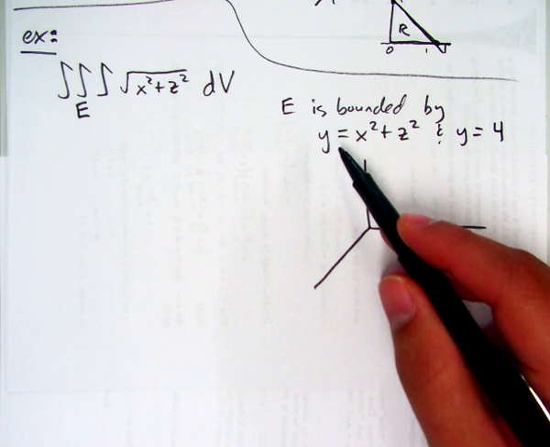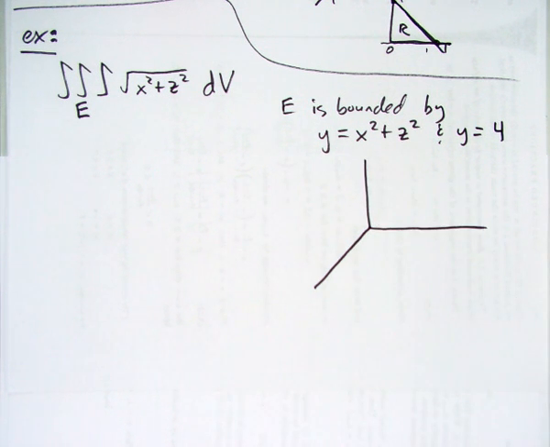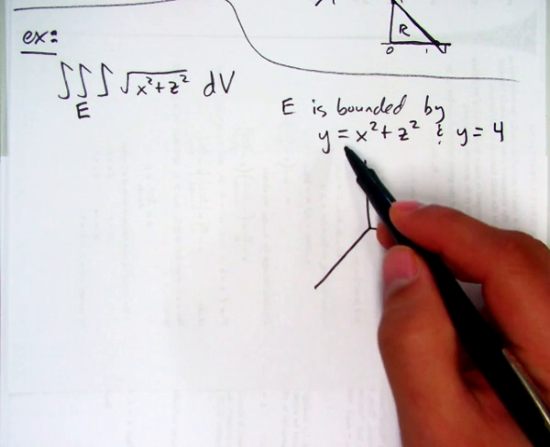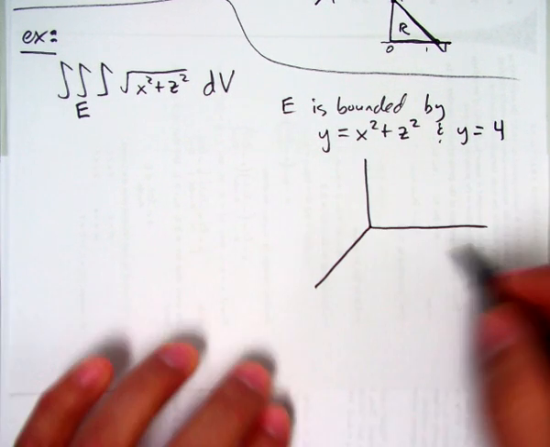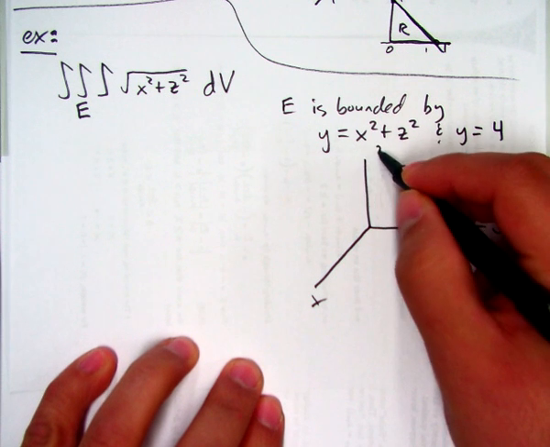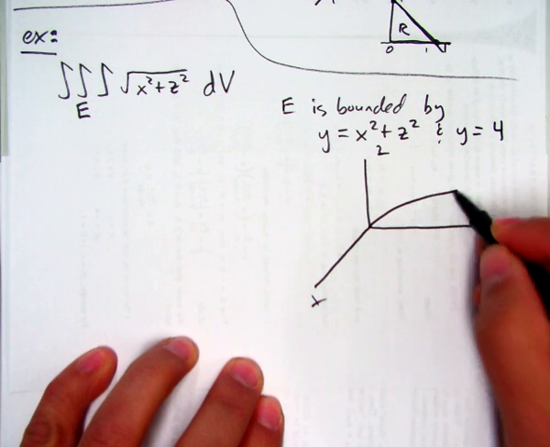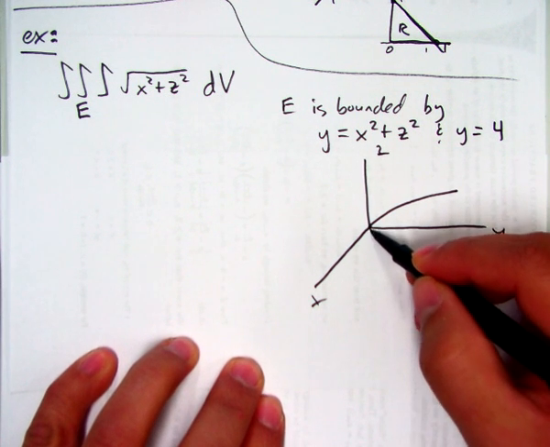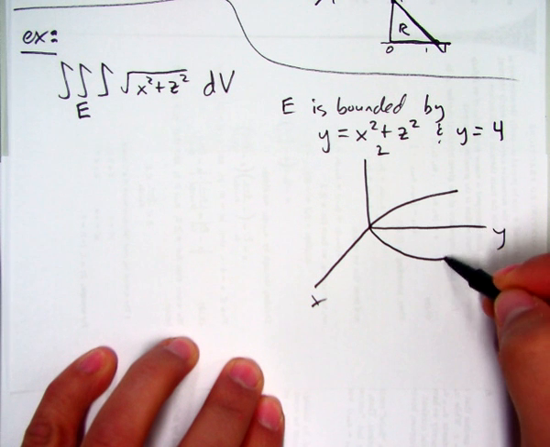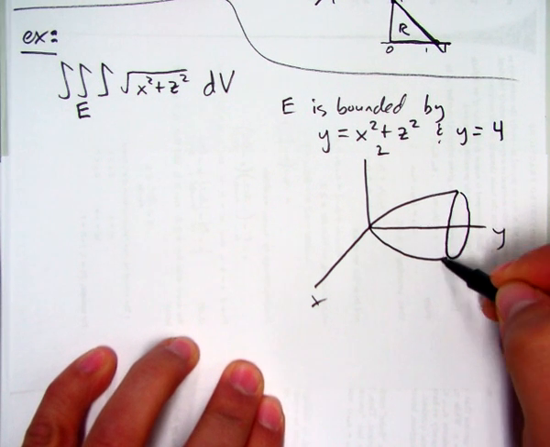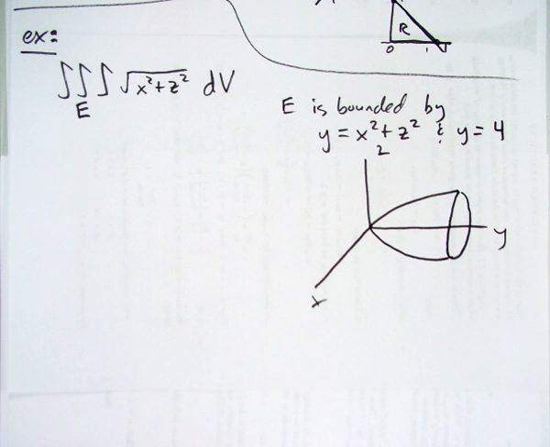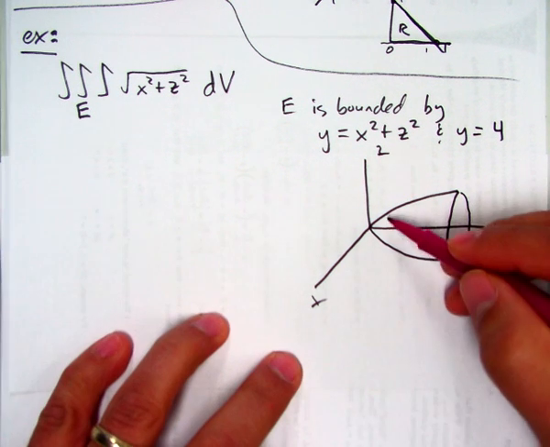So here we're going to have a paraboloid, but instead of opening in the positive z direction, this is going to open in the positive y direction. So it's going to look something like this. And then here's our solid.